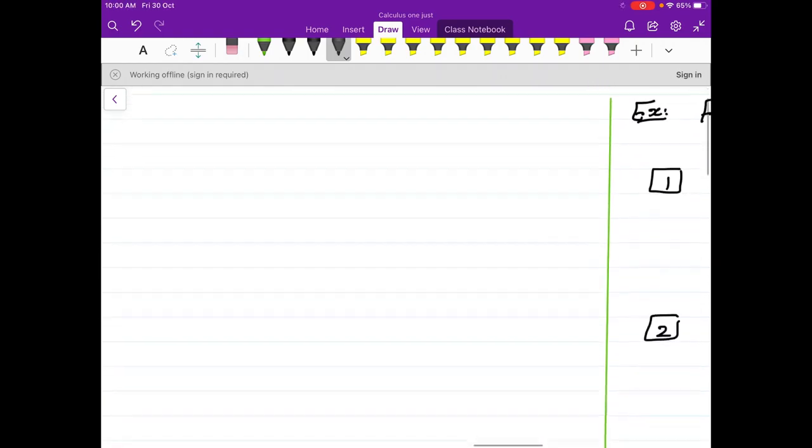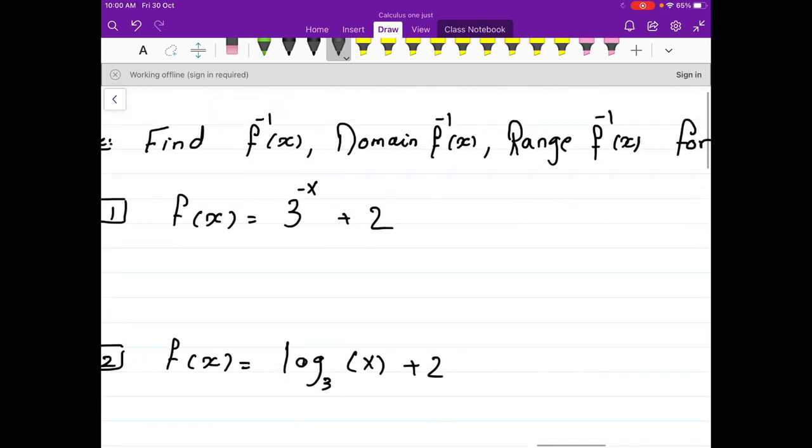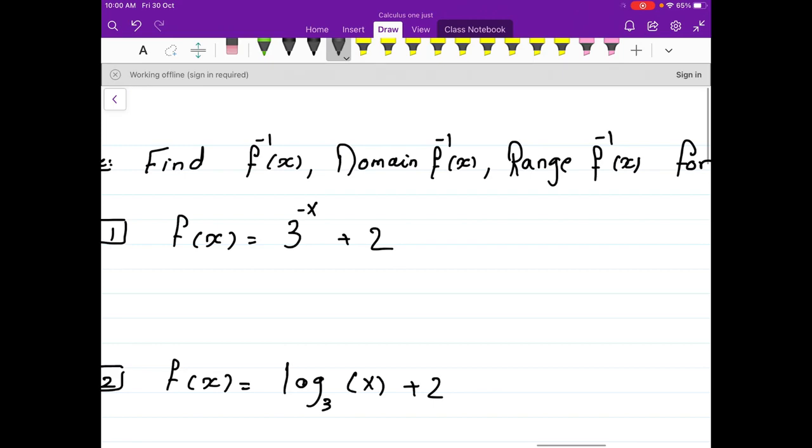So let me say the last example. Find f inverse, domain of f inverse, and range of f inverse for the following functions. The first function: f of x equals 3 to the power minus x plus 2. Before we find the domain and the range, b for this function is 1 over 3.